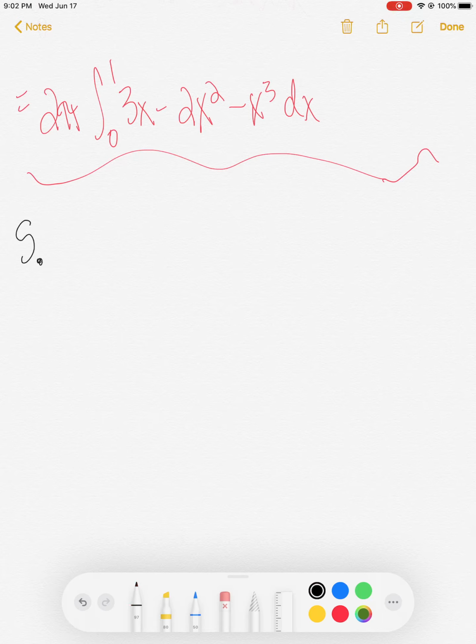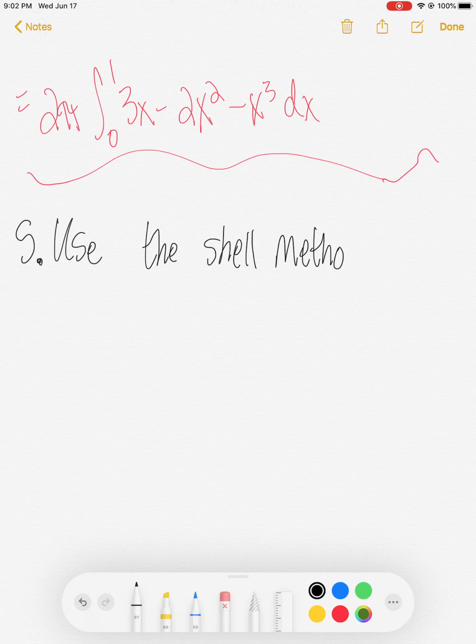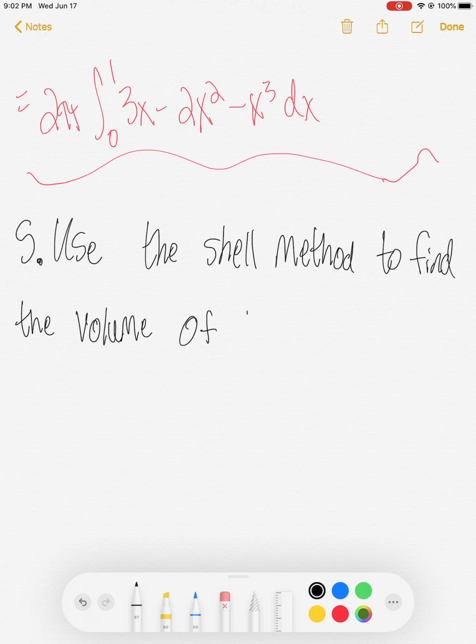The second problem is problem 5, which will have a similar vibe, but this time we're going to be looking at the x-axis instead of the y-axis as our axis of revolution. So we are going to use the shell method to find the volume of the solid generated.